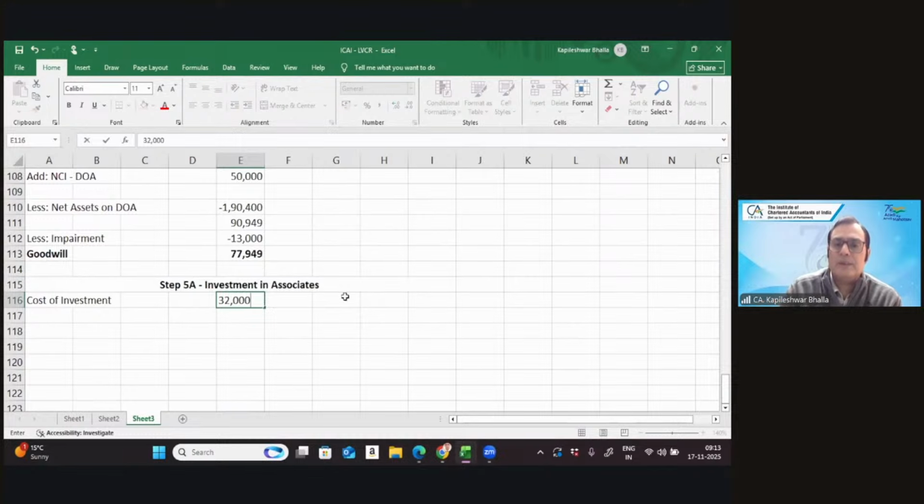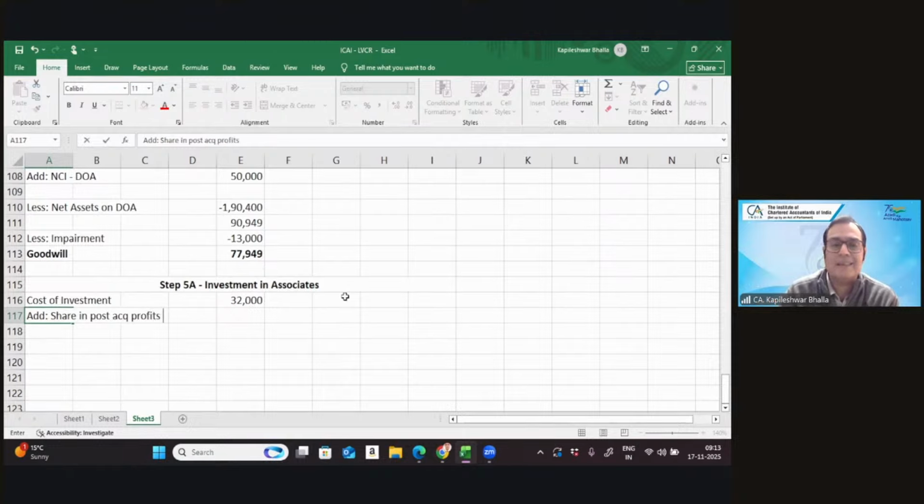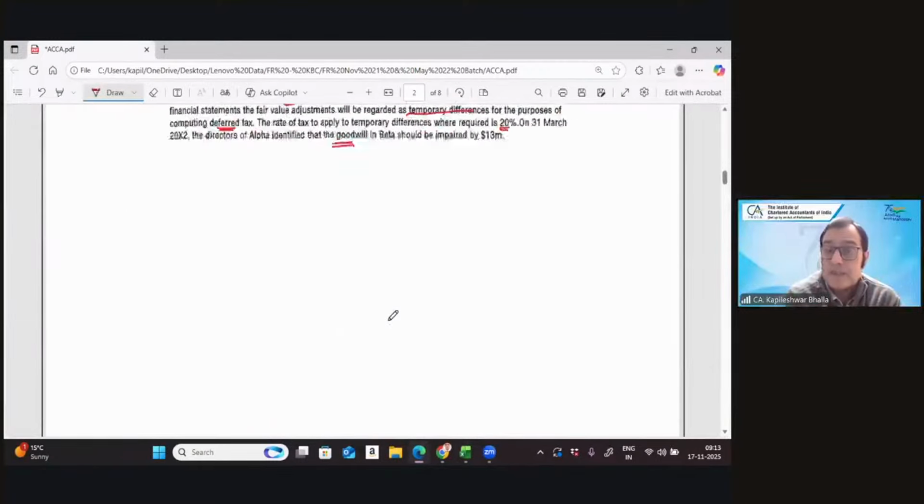And I guess the only thing to be taken care of here, because we don't have any other inputs like stock reserve or impairment of the investment, is the post-acquisition share. We need to consider the share in the post-acquisition profits in this case. So now let me make another statement, though I think I've said that earlier as well.